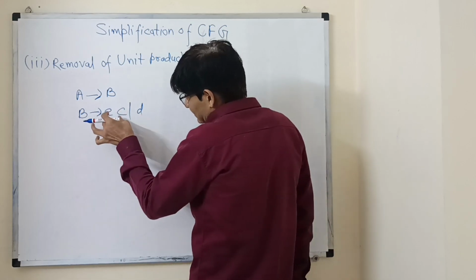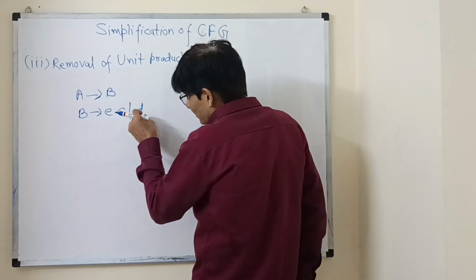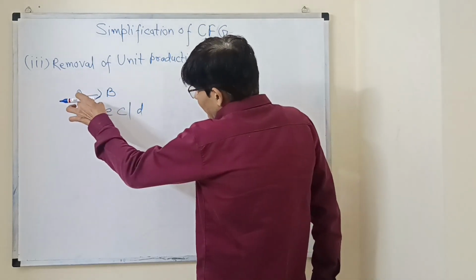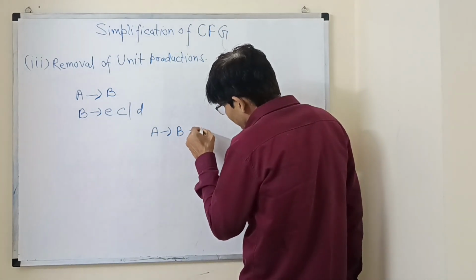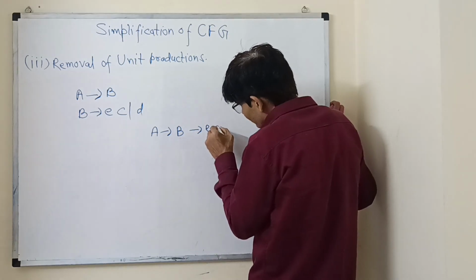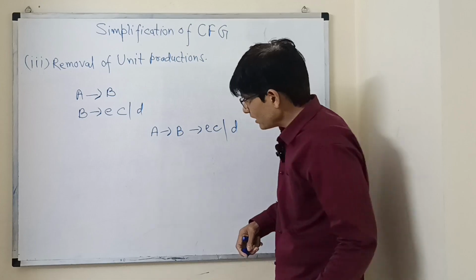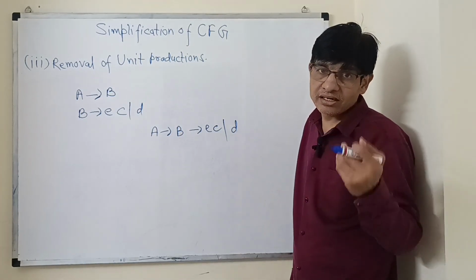Now these are strings of terminals only. You can see here, if A is generating B, then B is generating two different strings here: E C, and D. Now here we can apply the transitive property.